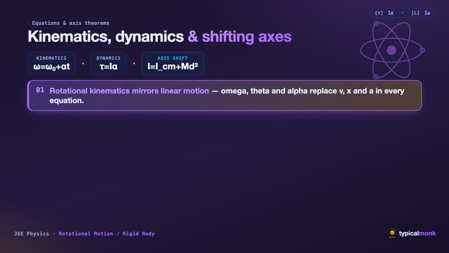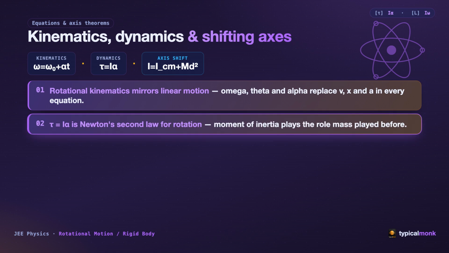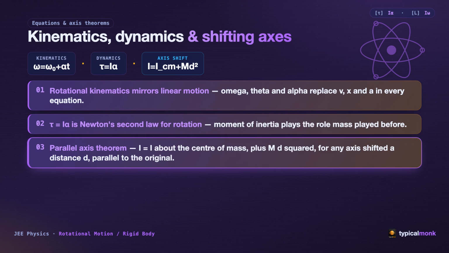Just replace displacement, velocity and acceleration with angle, angular velocity, and angular acceleration. Second, tau equals I alpha is Newton's second law for rotation, with moment of inertia playing the role mass played before. Third, the parallel axis theorem, I equals I about the center of mass plus md squared, whenever you shift the axis a distance d away, parallel to the original.